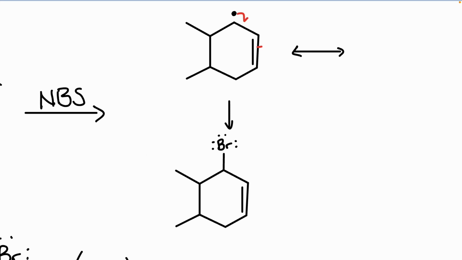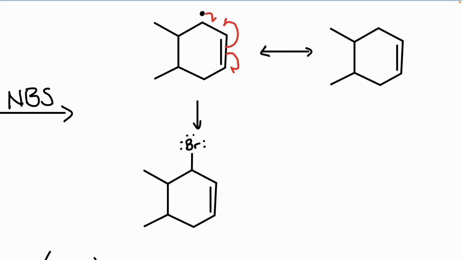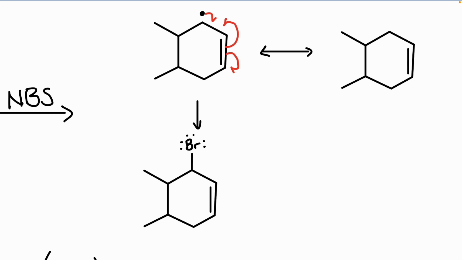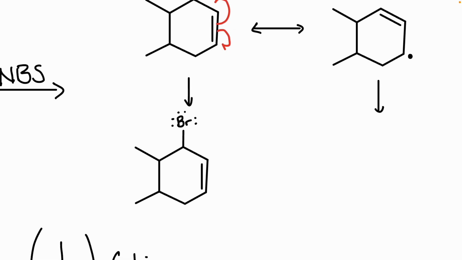It's going to come down here, break that double bond, and so I'm also going to see my radical forming over here. And that will lead me to a distinct product because that bromine is now going to form where that radical was, right?